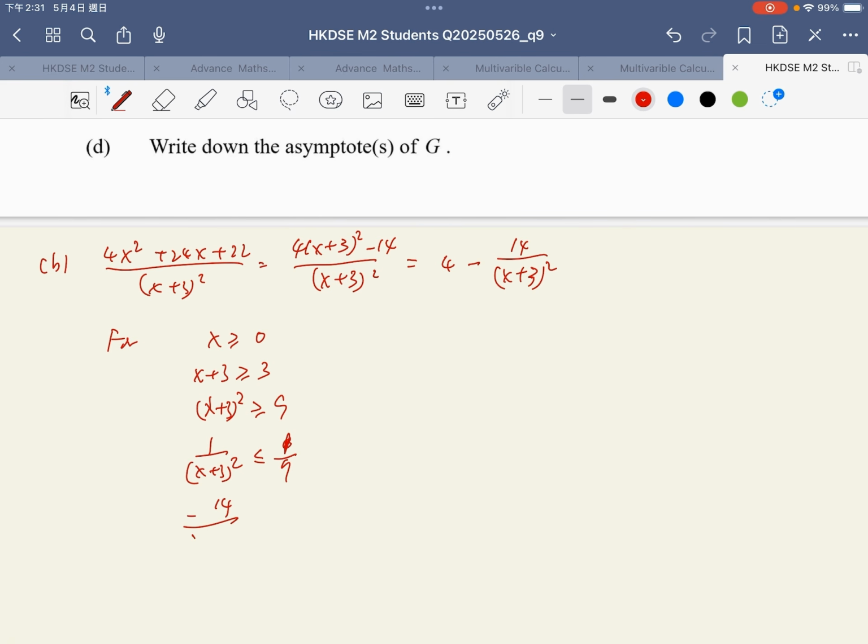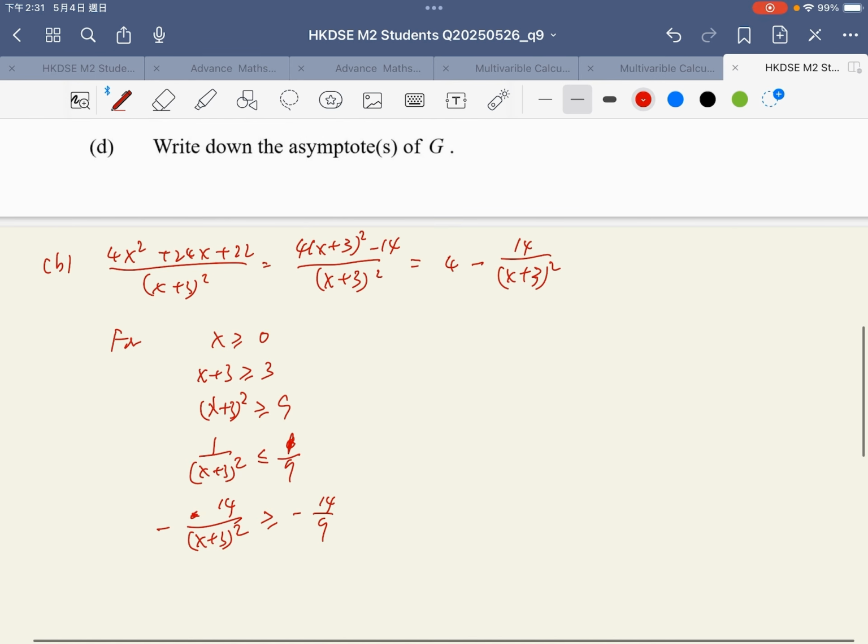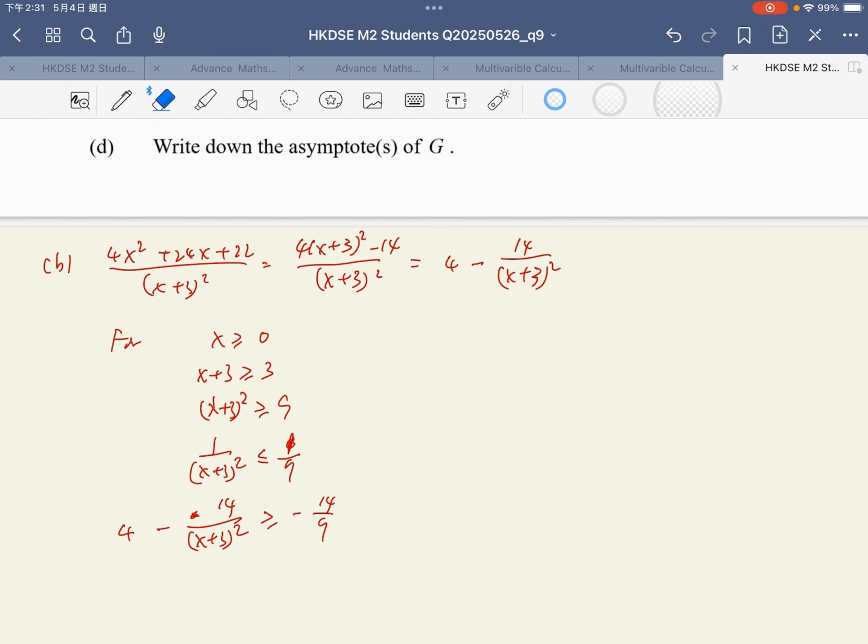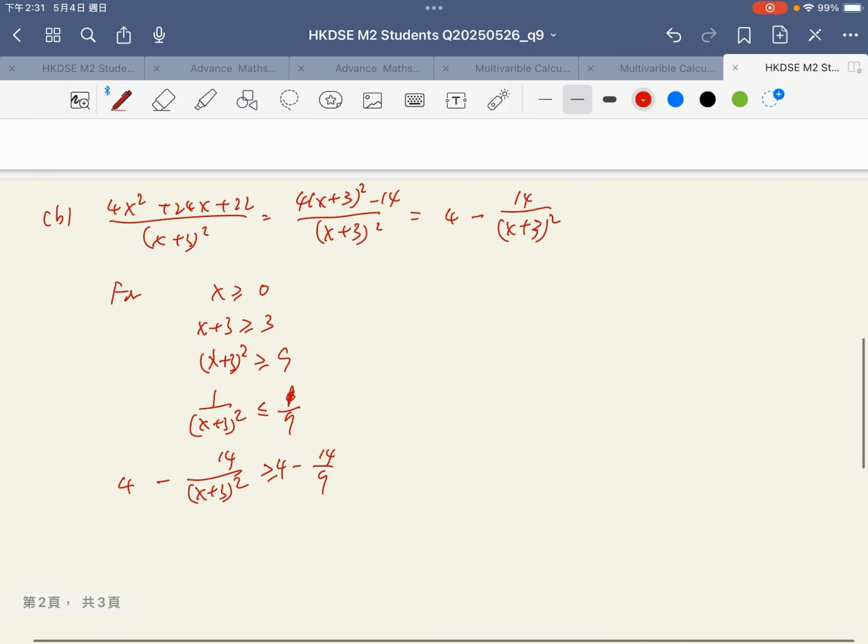Okay, then negative 14 over (x plus 3) all square is greater than or equal to negative 14 over 9. Then adding 4 to both hand sides doesn't change the inequality sign of that function.